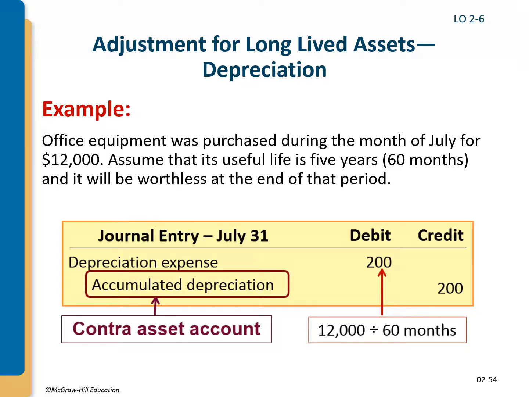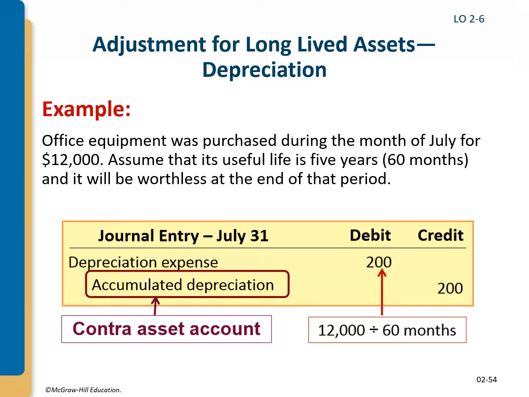If that's the case, we take the cost of the equipment, divide it by the life. Now you could do 5 years or 60 months. Since we need to determine 1 month's worth of depreciation expense here. Remember, they bought the office equipment the beginning of July, and only 1 month, it's July 31st. So we only need to expense 1 month's worth of that cost.